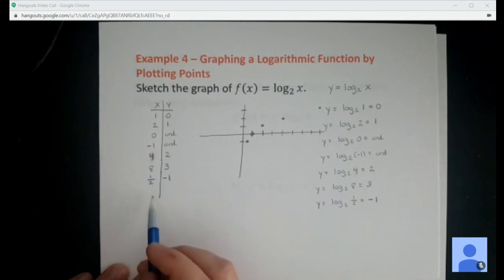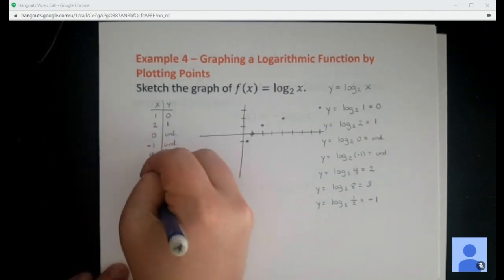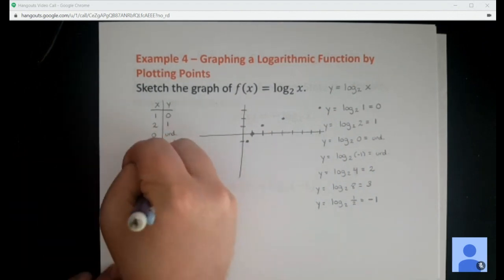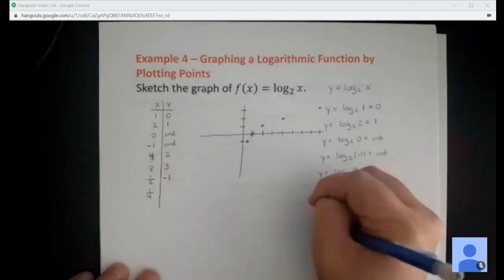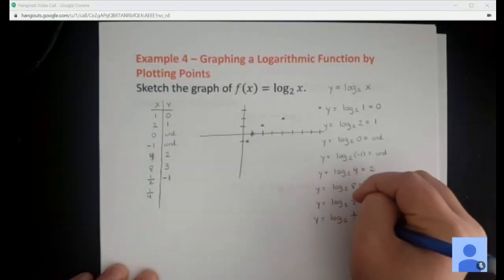What's another fractional value between 0 and 1 that we could check here? Okay, 1/4, because the base 2 log of 1/4 would be equal to what?